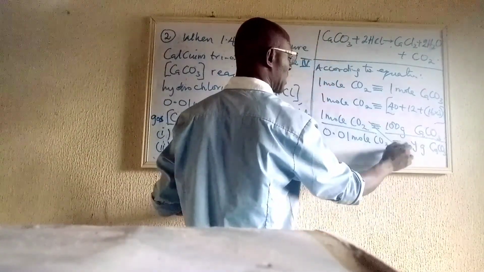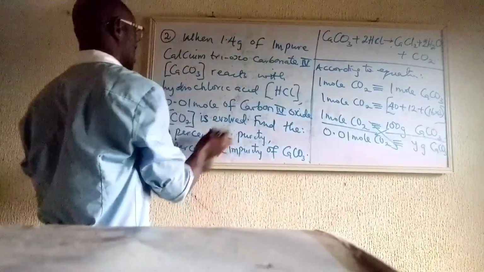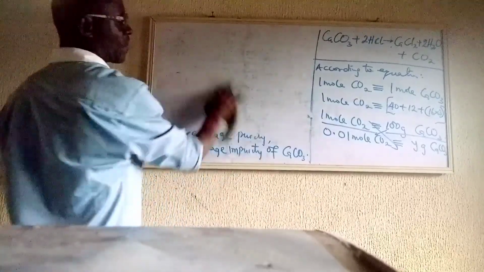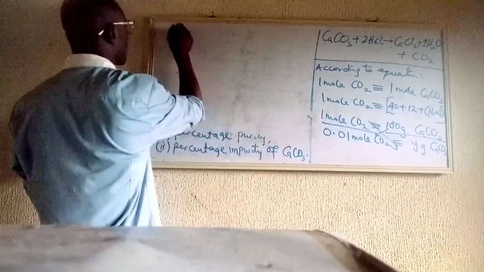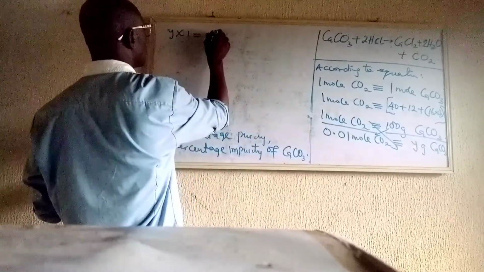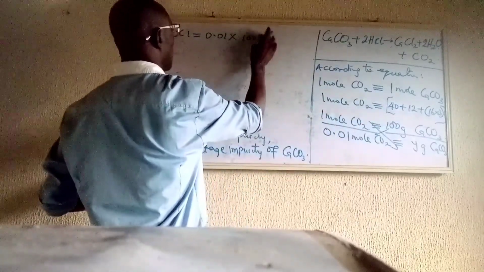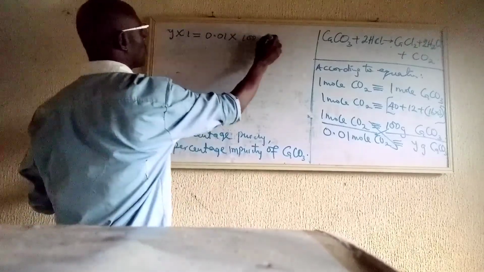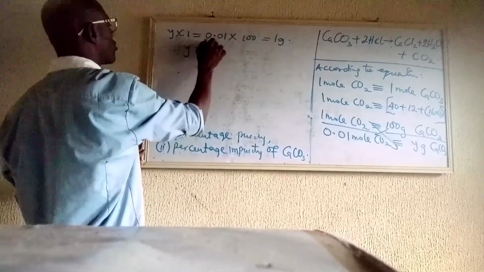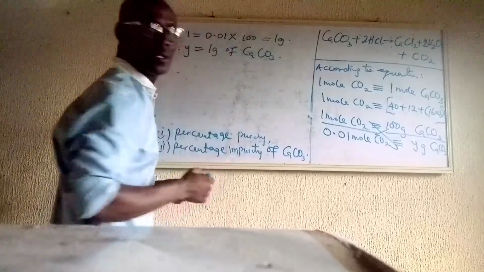Then we cross multiply as usual. From the cross multiplication, Y times 1 equals 0.01 times 100, which will give me 1 gram. Therefore, Y equals 1 gram of calcium trioxocarbonate(IV).